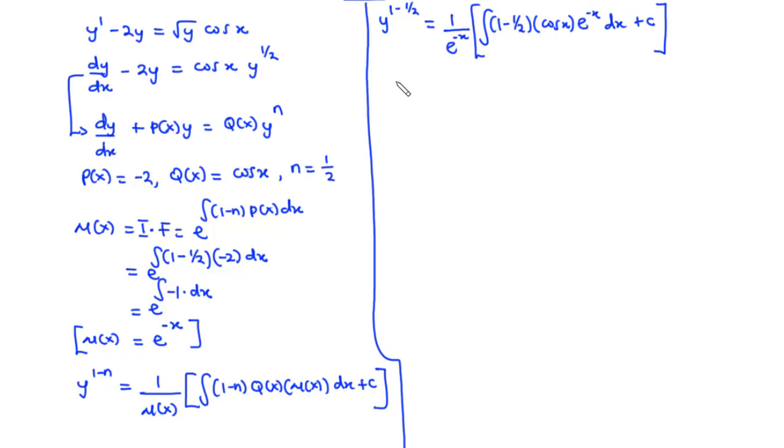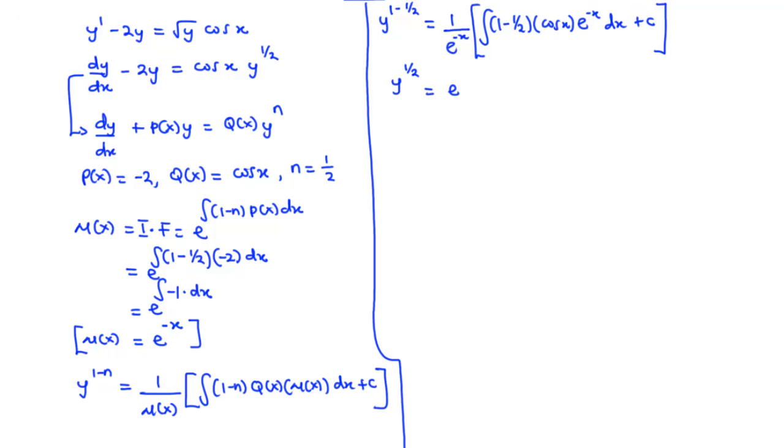So on the left hand side we are going to have y to the power 1 over 2, that is equal to 1 over e to the power negative x, which becomes e to the power x, and then we have the integral of 1 minus 1 over 2, which is 1 over 2. So this 1 over 2, which is a constant, comes outside.